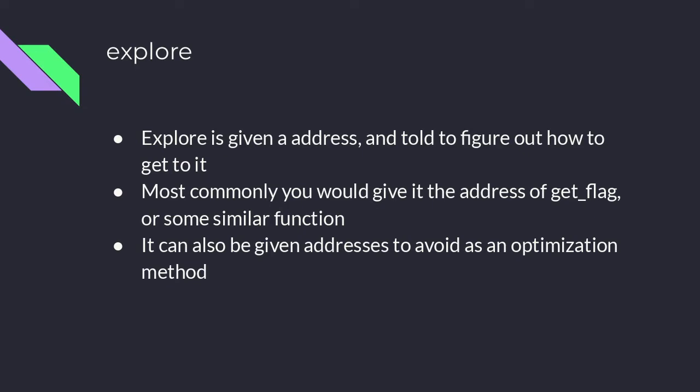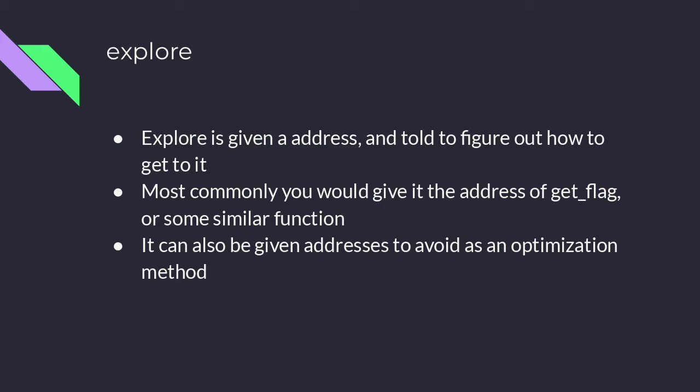You can also give it addresses to avoid. So if somebody decides to be a jerk and just call CRC32 in a loop or something just to break your Angr, you can identify those, because people will do that. We do it at UT, for UTCTF. We try to make sure people's Angr breaks if they try to run it on that program.